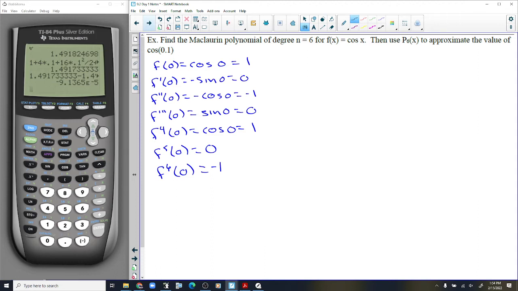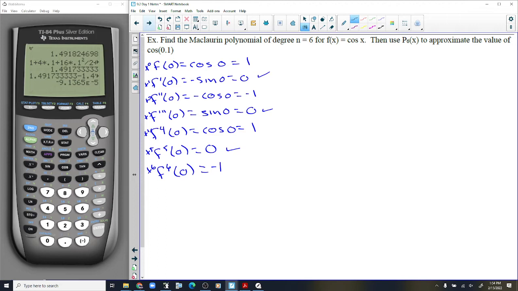So those are your derivatives, right? And notice that this is really for x to the 0, 1, 2, 3, 4, 5, and that's for x to the 6th. And all of those odds are 0. So it's only the evens, because cosine is an even function.